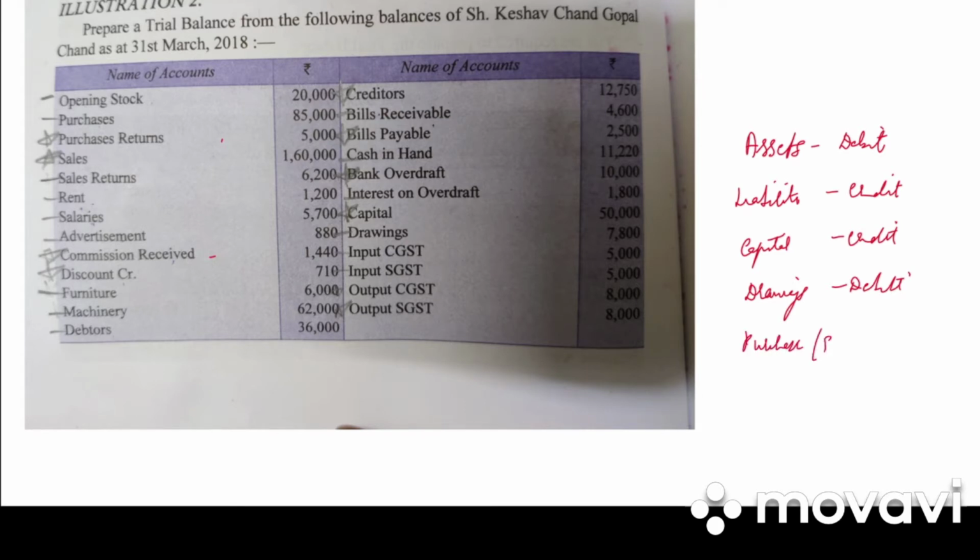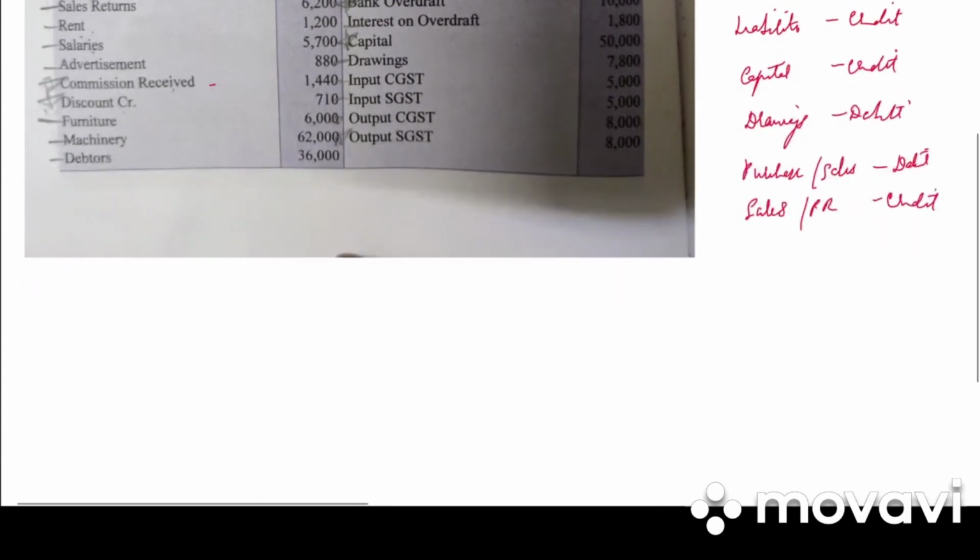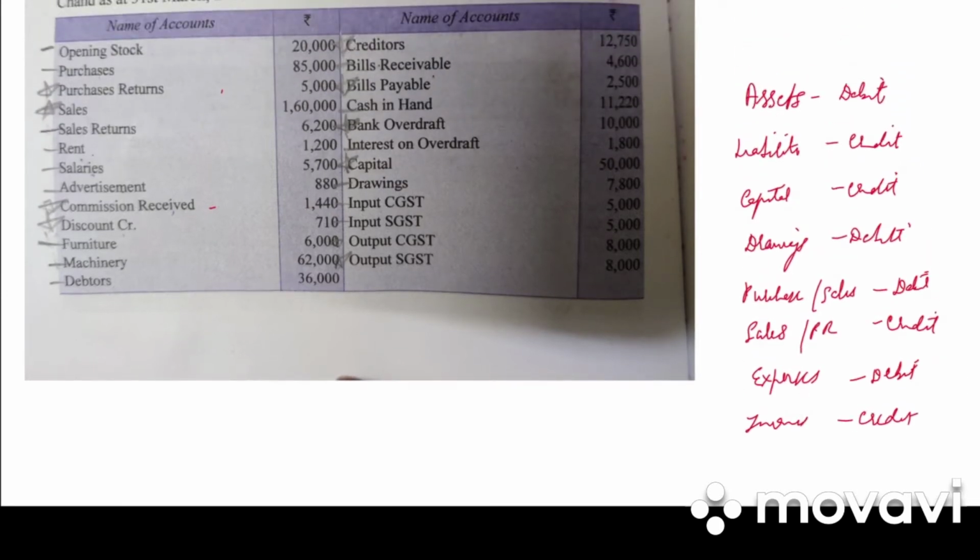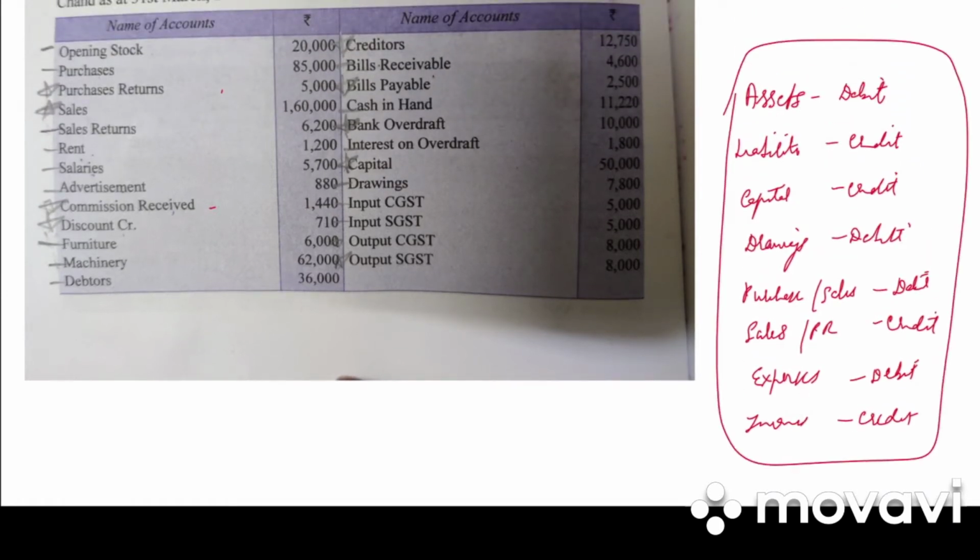Purchases and sales return is debit balance. Sales and purchase return is credit balance. All the expenses are debit balance. All the incomes are credit balance. So according to this, we will be classifying whether it is debit or credit.